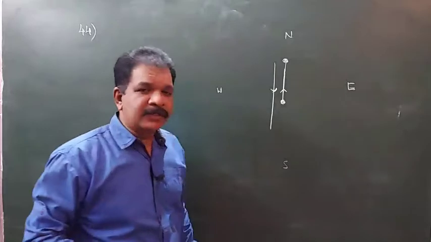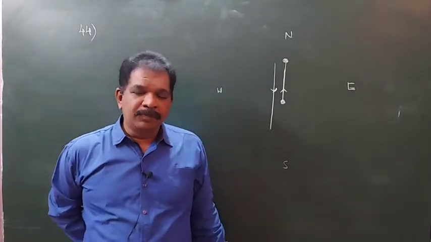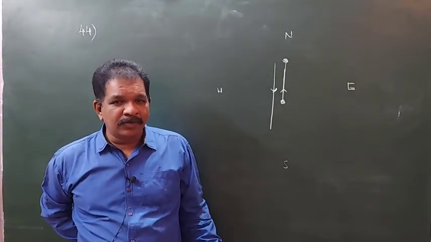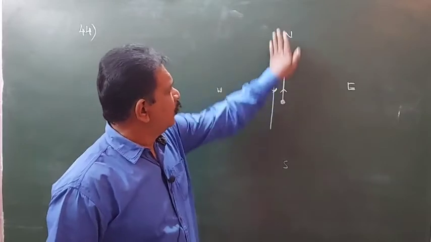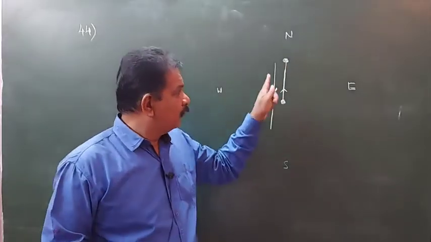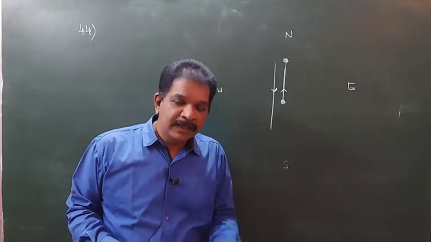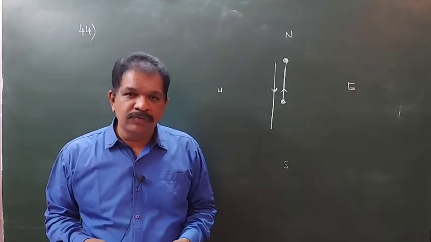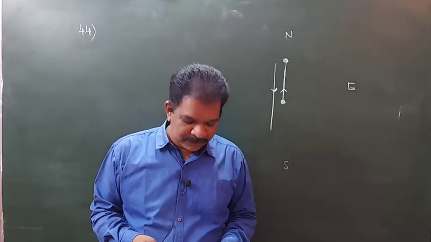He changed its direction of motion. Instead of going forward, that boat is coming like this. What will happen here? You assume like that.